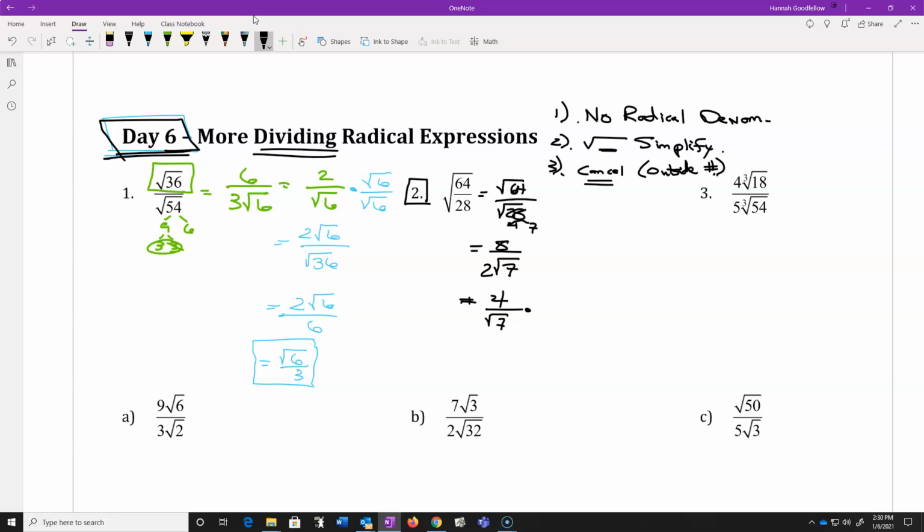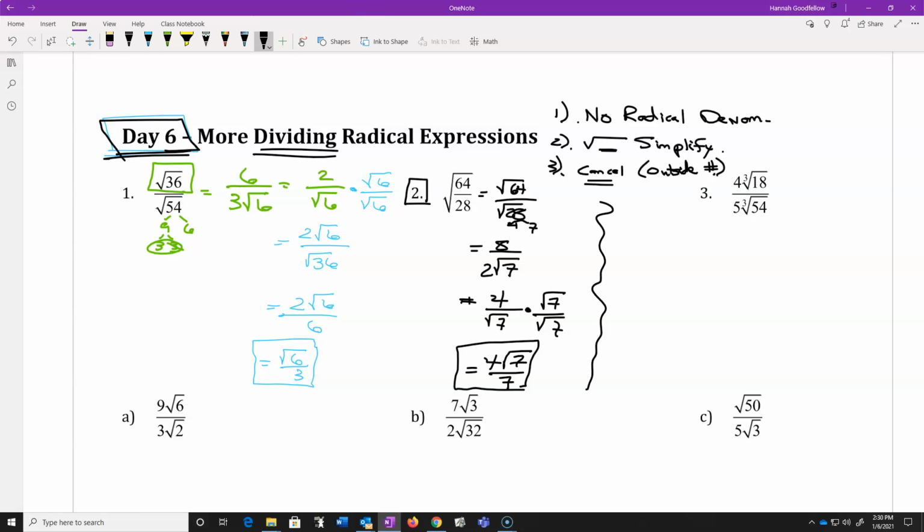And then I have to rationalize the denominator again with the square root of 7, because I'm not allowed to have that radical downstairs. And I've got 4 root 7 over 7. And you box that answer up and be like, okay, the inside is as simplified as possible. The outsides can't cancel. Yes, I bit that problem and shook it until it was absolutely done.